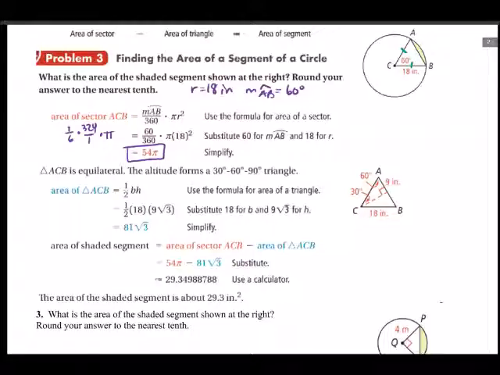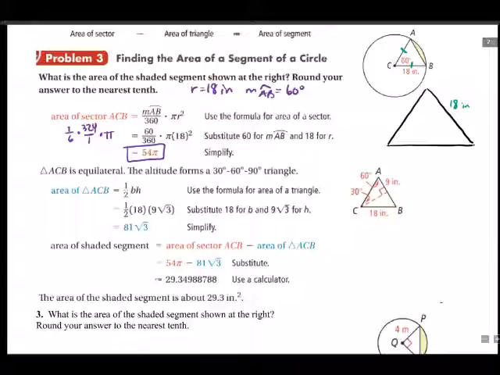All radii are congruent, but I'll give it to you now for free. So let's look at this triangle here. We're going to draw it a little bigger than they have it. And because it's an isosceles triangle, we know that this is 18 inches.